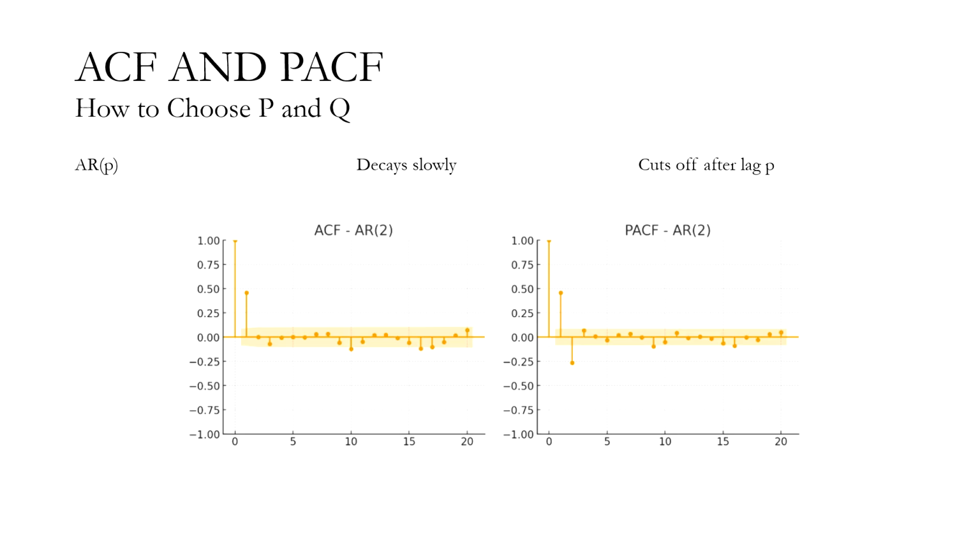Here we see an AR(2). You could see that the ACF decays slowly, and then the PACF cuts off after lag p, which is around 2. So we would get an AR(2).